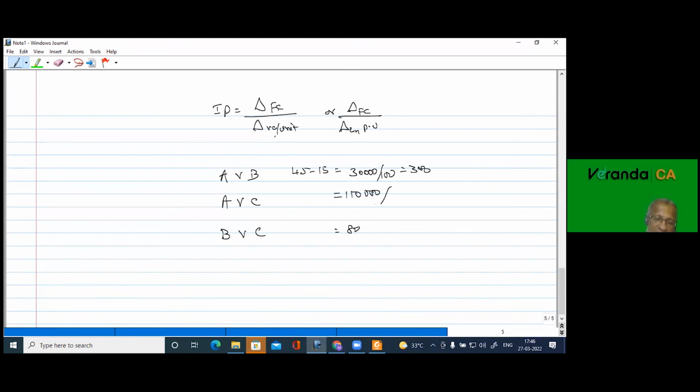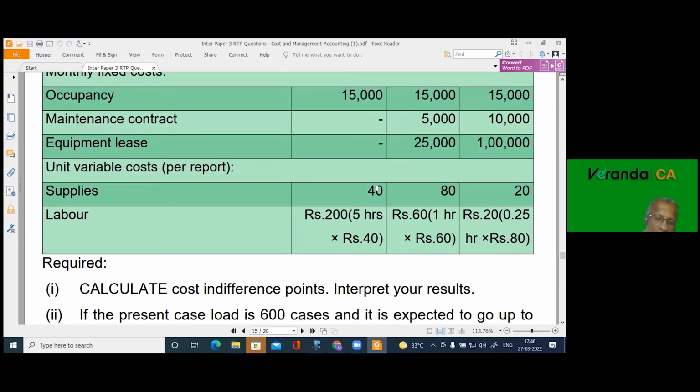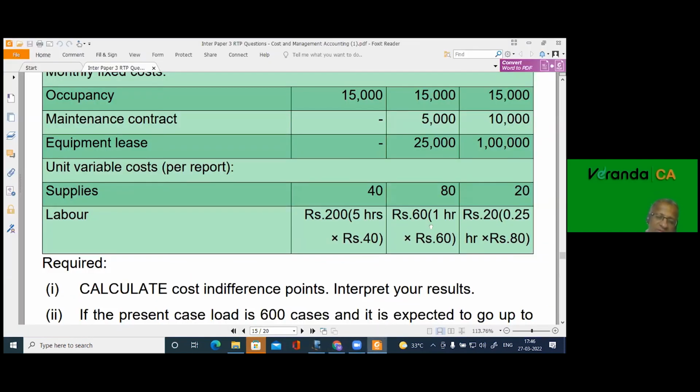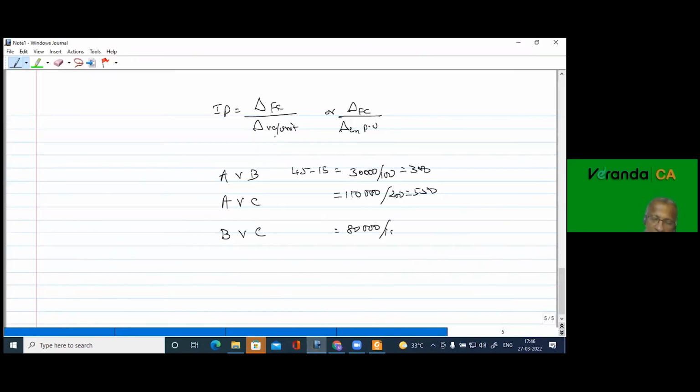Then 1,10,000 divided by, here it is 240, here it is 40, so 200. So it is 550. Then B versus C: 80,000 divided by 140 minus 40, which is 100. So this is 800.